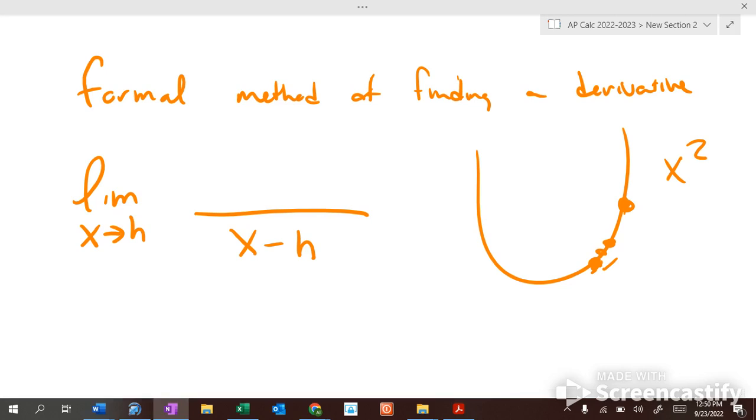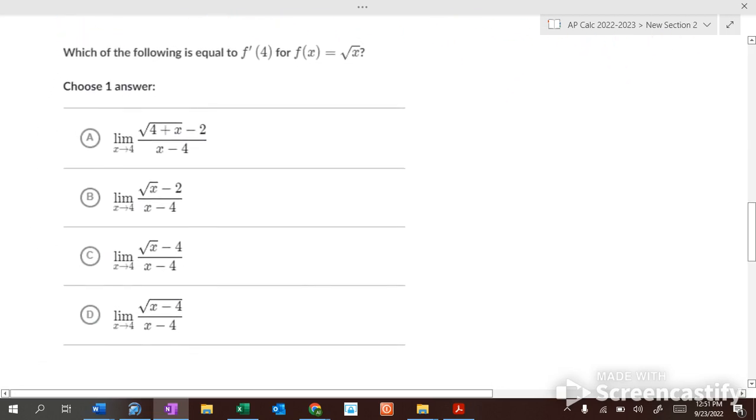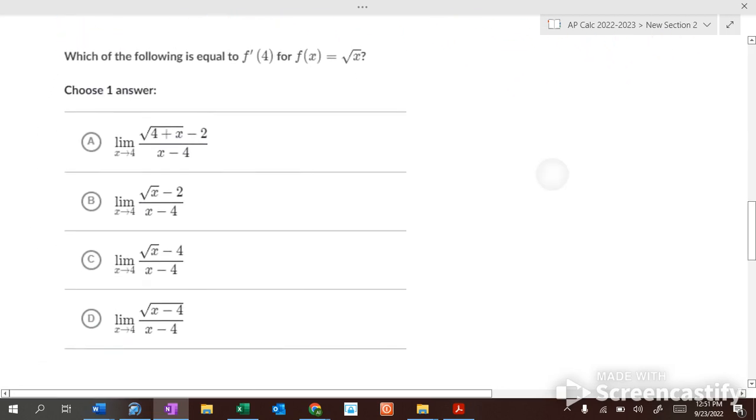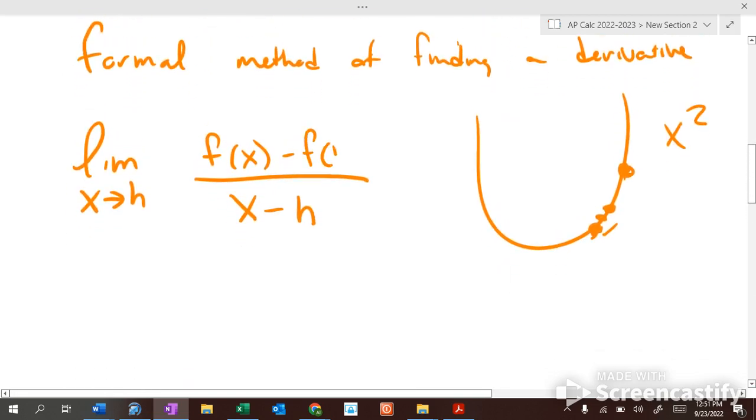You plug the x value in, right? So f of x minus, okay, time out, because this is the other method that I don't normally use. f of x minus f of h.